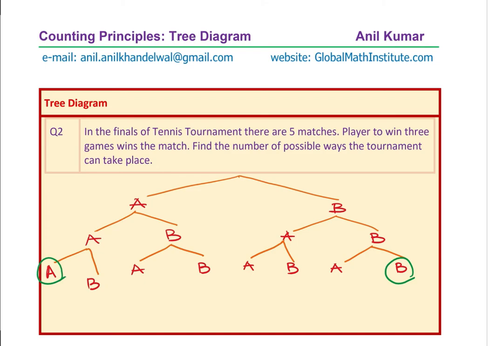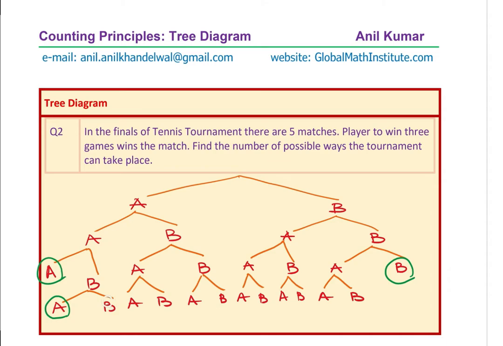Now we'll continue with the next level, and let us do these two for each. In that case, we are close to the end of these particular branches. As you can now see, if you follow any path, in this path A wins, correct?